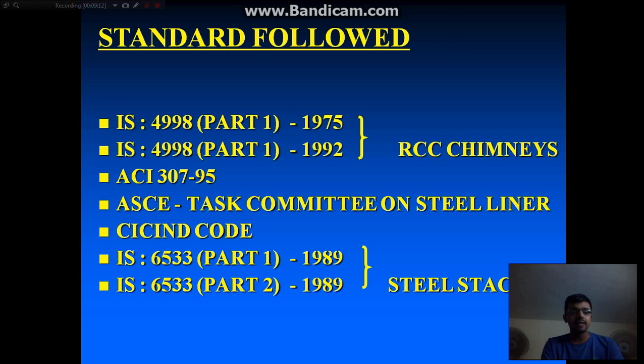These are the relevant standards which we need to follow. If we are going for RCC chimneys, it is IS 4998, Part 1, which has been reaffirmed. If anyone is interested in American codes, you can go for the ACI 307-95 code. Also, there is an ASCE code which deals with steel liners.